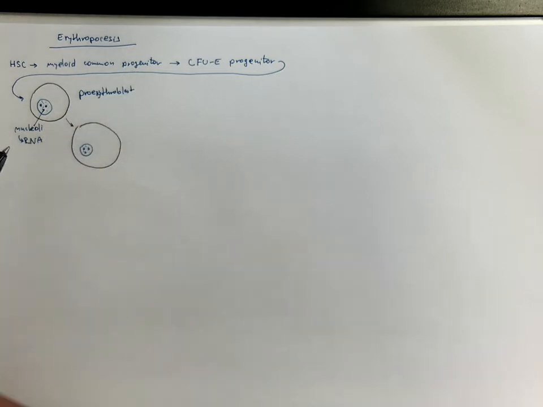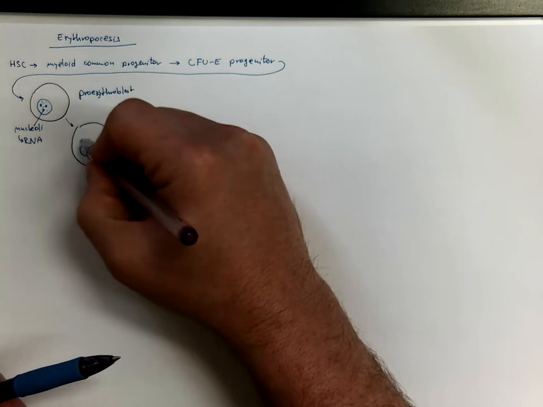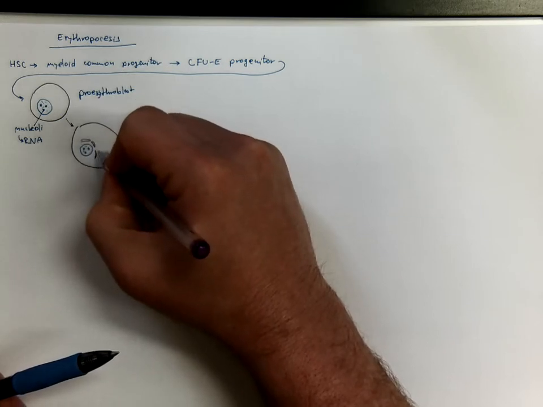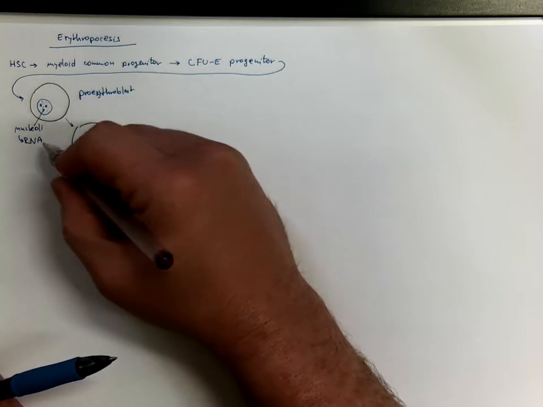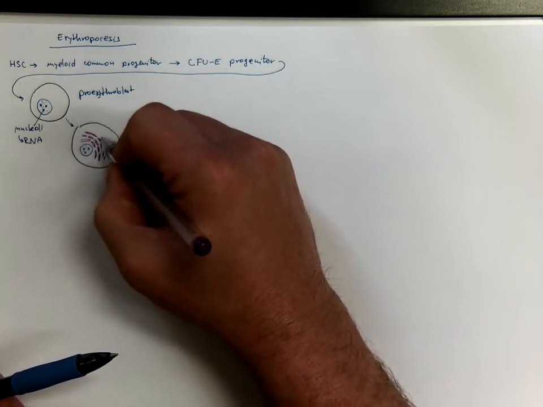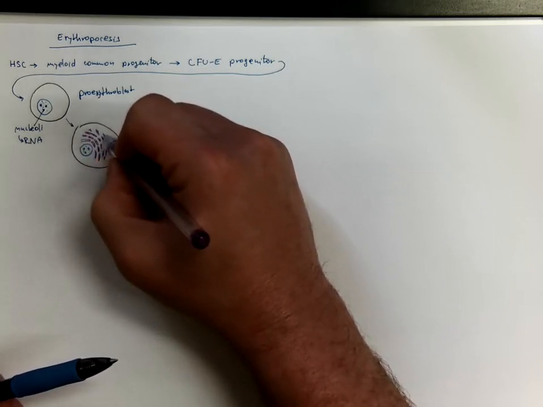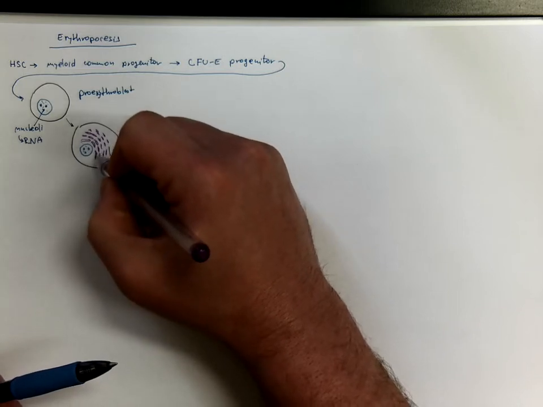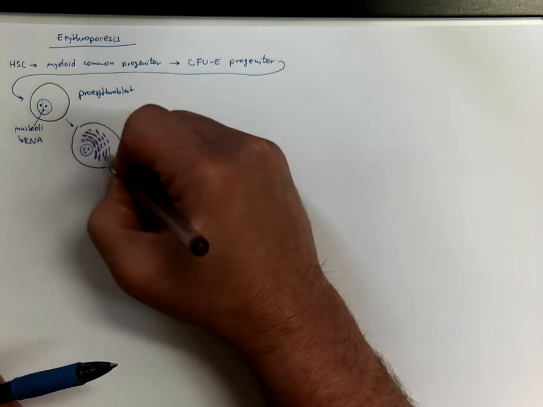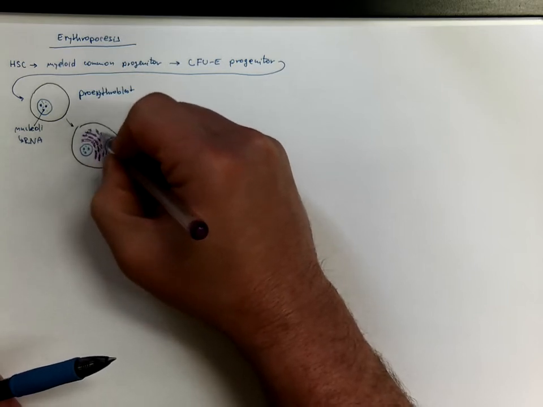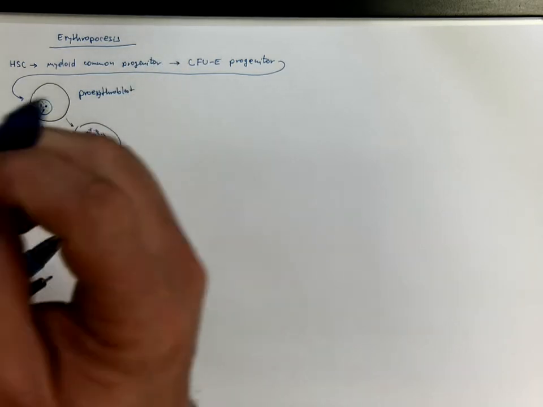that contains very rich rough endoplasmic reticulum with many ribosomes made of that RNA, and translating the RNA, or preparing to translate the RNA into protein sequence.